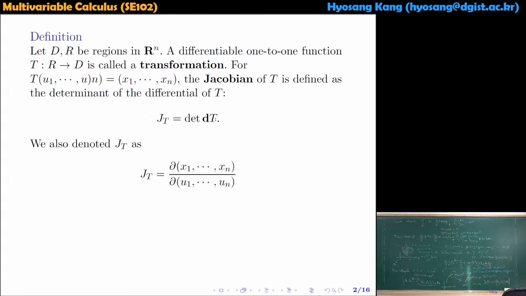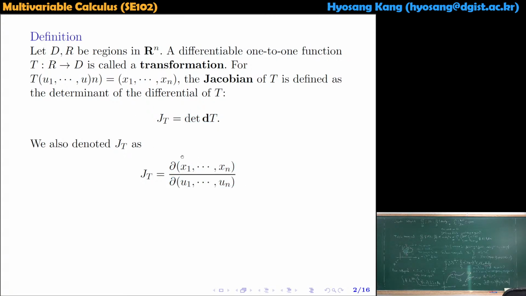So the differential is a square matrix, an n by n matrix, so you can compute the determinant. You can define the determinant only when the matrix is a square matrix. We are going to denote this J_T, which is called the Jacobian. This is how it is defined, the determinant of the differential, but we are going to denote it this way.